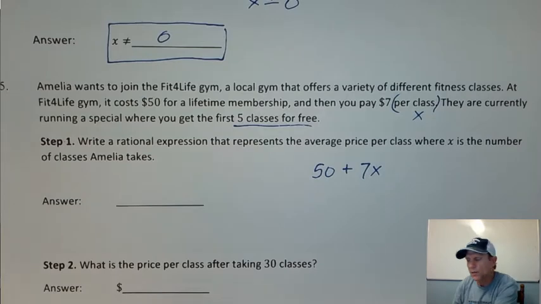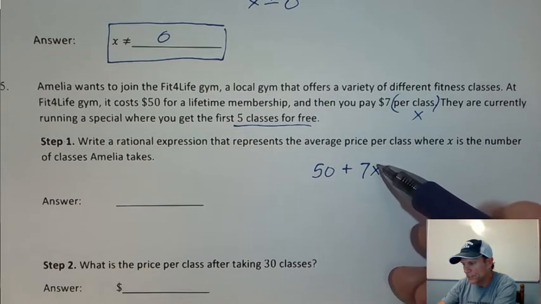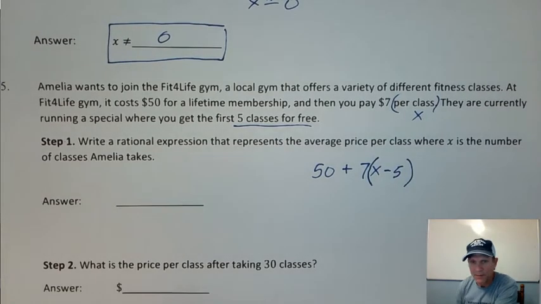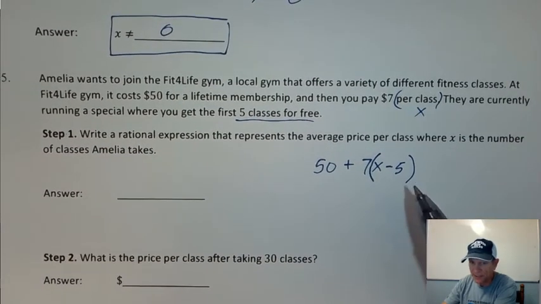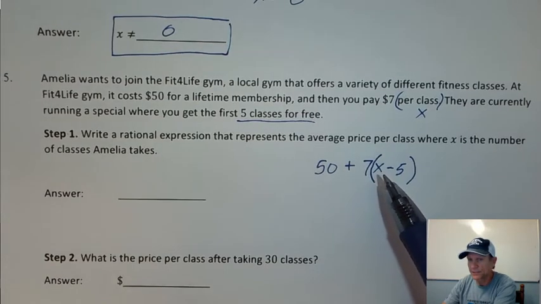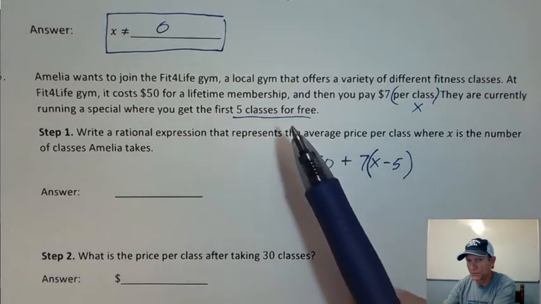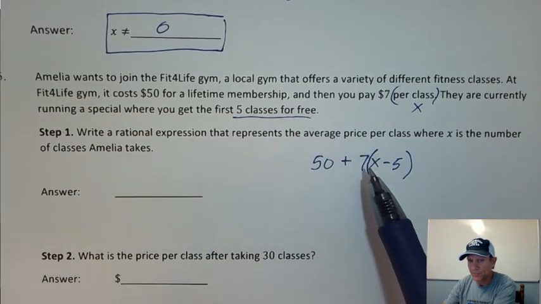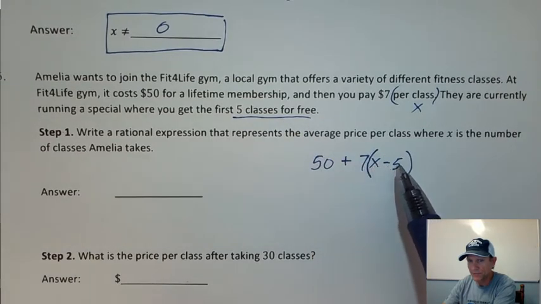So we have to alter this, since we get some classes free. If you put 5 in here, how many classes did you have to pay for if you took 5 classes? Well, 0, because you get 5 classes for free, so 5 minus 5 is 0.